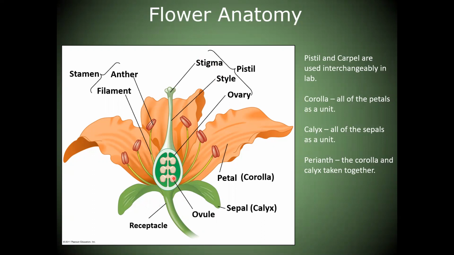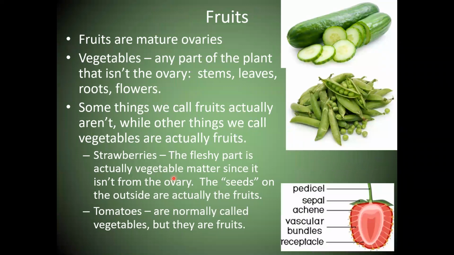Understanding these very basic parts is extremely important for your lecture and the lab. So if these parts are not clear, if you want me to go over them, please holler, interrupt me and holler, right? Now fruits. Fruits are, simply put, mature fertilized ovaries.